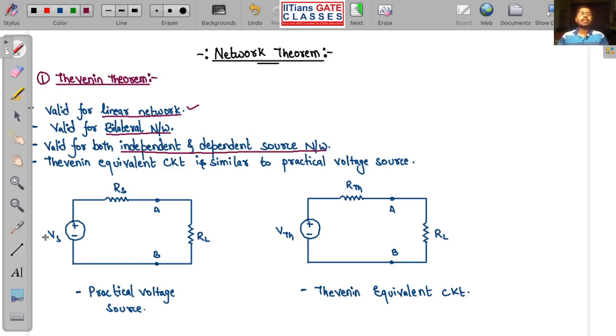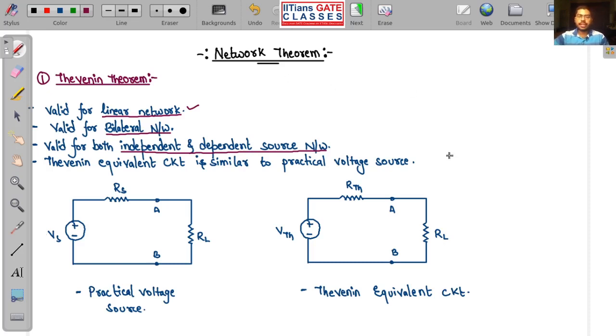So basically the Thevenin equivalent circuit is an equivalent circuit that looks like a practical voltage source. We compile a whole big circuit into its equivalent voltage, or I can say Thevenin voltage, and its resistance, Thevenin resistance. We are going to see how to calculate these.